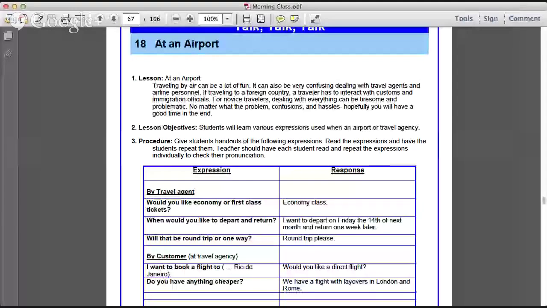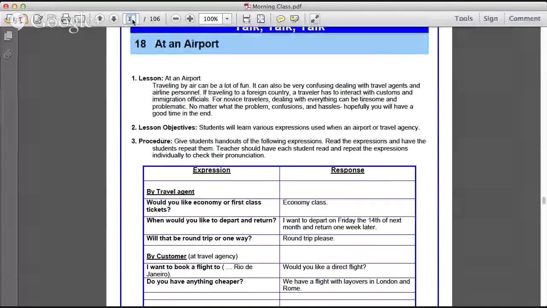I do have a link to the book that we'll be working through. It's called Talk, Talk, Talk. We've gone through a lot of this book already. I used to work through this book when I was doing a lot of morning classes. But yeah, so there's the link there, right? This is what it looks like when you get to it. We'll be starting on chapter 18.